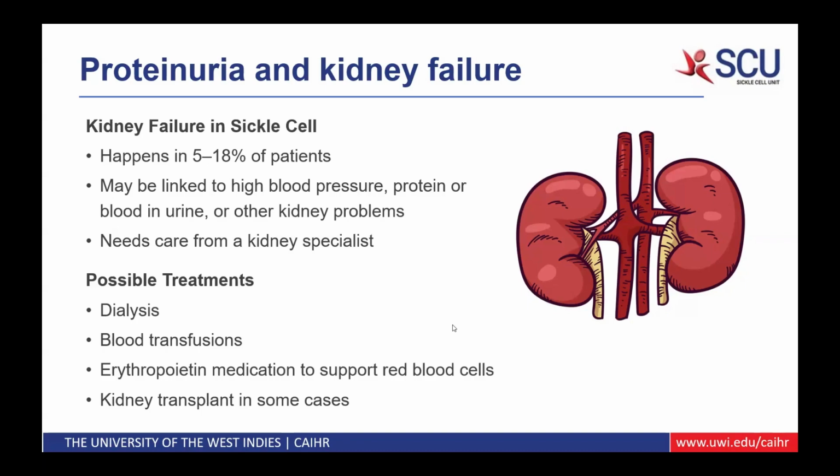So some of them are listed there, including dialysis, erythropoietin, and blood transfusions and a kidney transplant in some cases. But as I've said, the goal is always to pick it up early and try and prevent it from progressing to this stage.